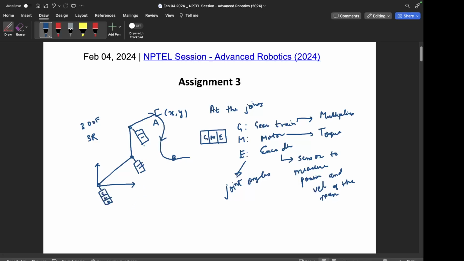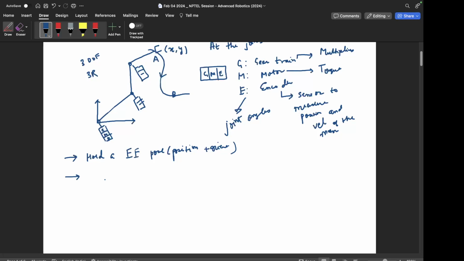So the task could be: hold an EE pose, where EE is end effector and pose is position plus orientation, right? And the second could be, so the first one is a static task, we have to just stay at that position, and the second could be follow a trajectory, right?